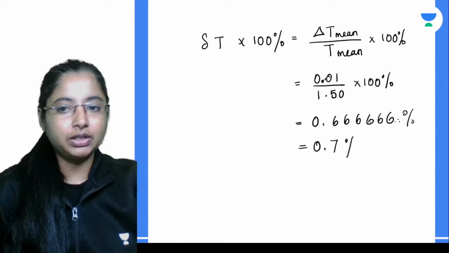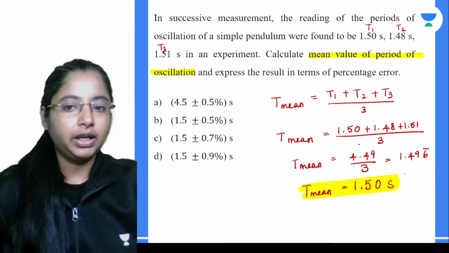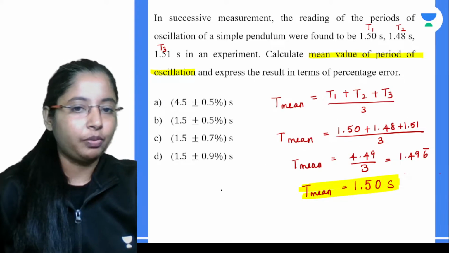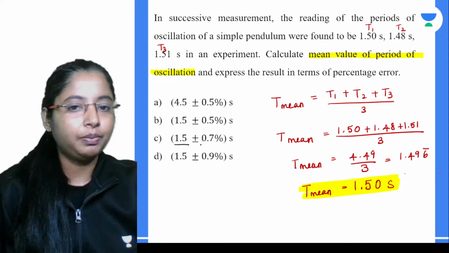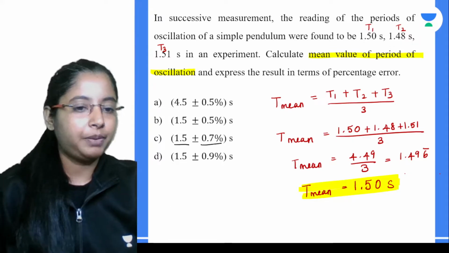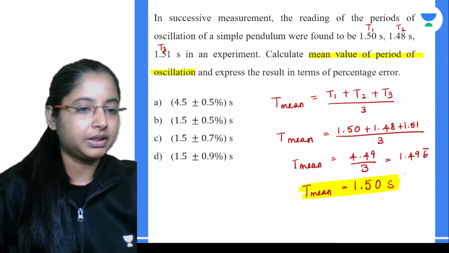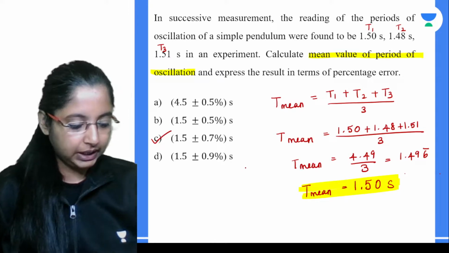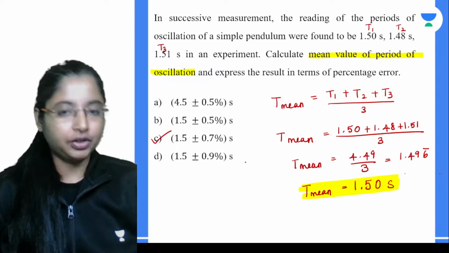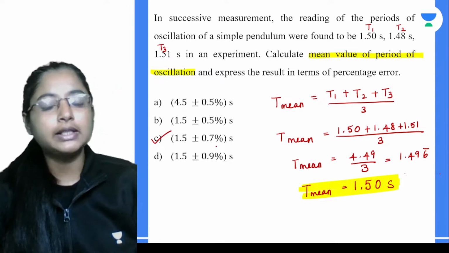So you can give it as 0.7%. So percentage error is 0.7. How would you express it? You express it as the actual value plus or minus the percentage error. So option C is the answer. Yes, option C is the final answer.